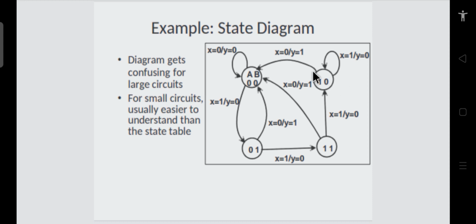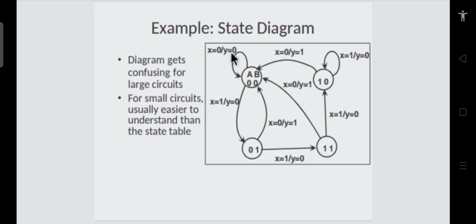The states are shown by the circles, whereas whether it remains in the same state or moves to another state by application of input is shown with the help of these arrows. If an arrow starts from the state and terminates on the same state, then it means that the application of that particular input does not change its state.